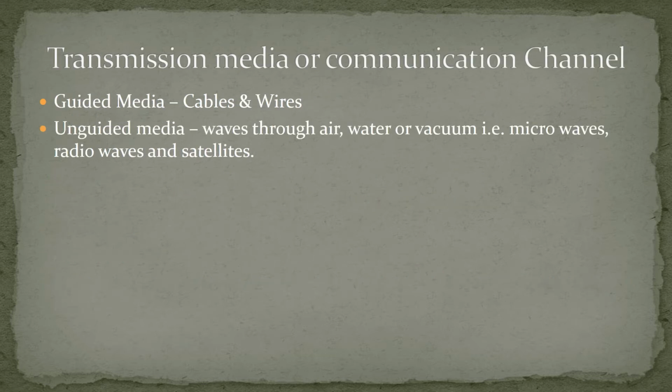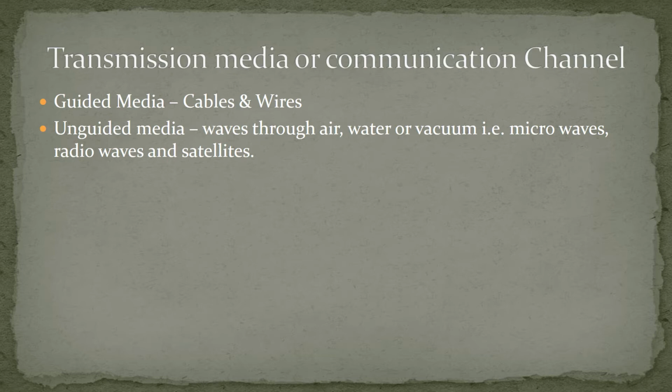Now coming to the transmission media or the communication channel. The main important thing which is used in a network is not only the computer or the hardware or software, but the communication channel or the communication media. This media is the link through which the computers are connected to each other.